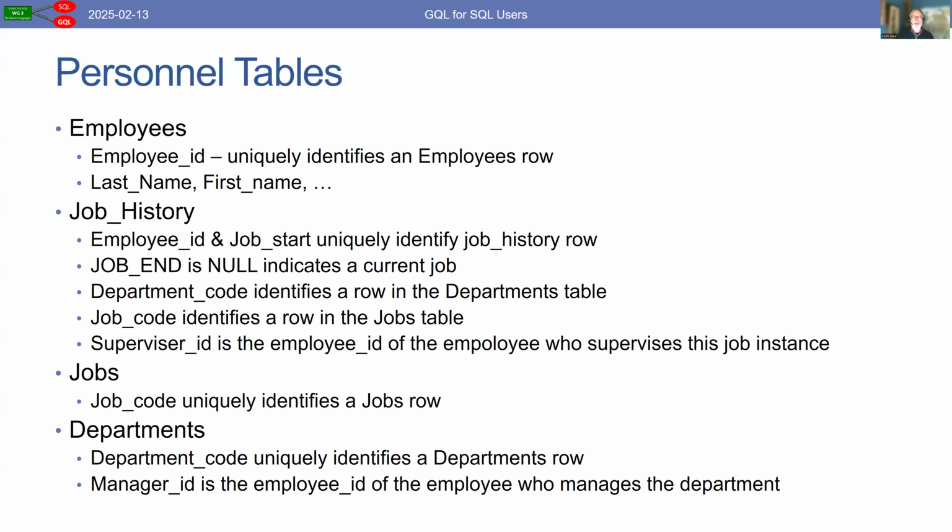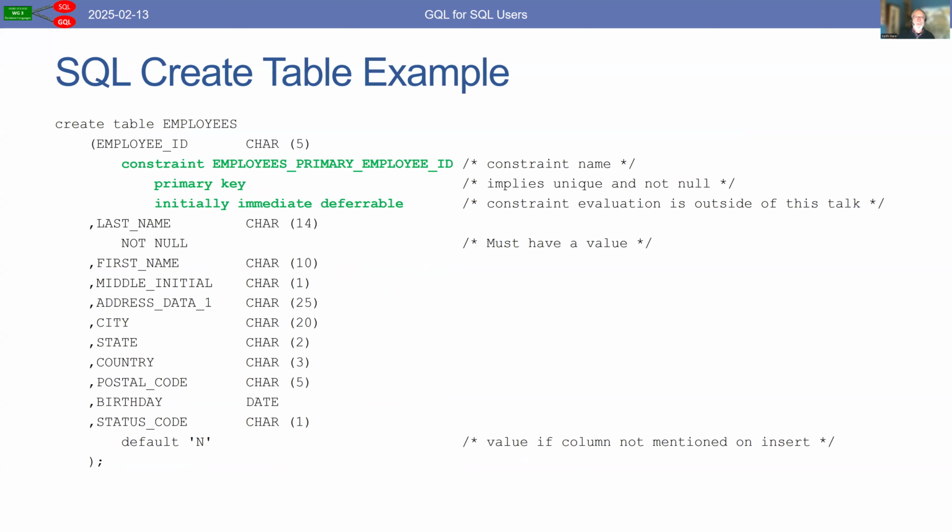So we have tables, we have columns, we have constraints, and things like primary keys. So create table in SQL is going to look like this: create table employees, where we have a column name, a data type. We might have primary key constraints, et cetera.